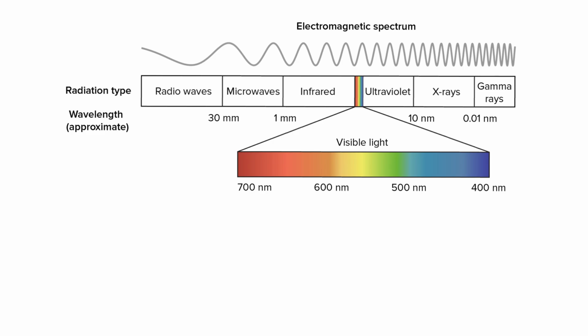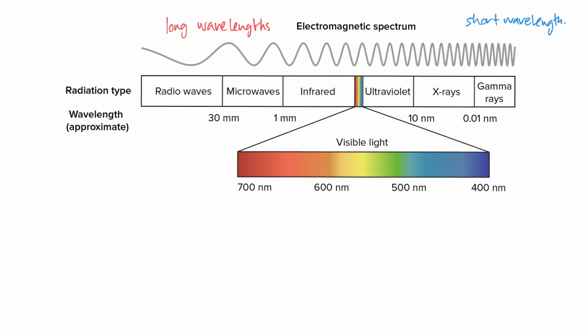On the left-hand side, we've got radio waves, and they have very long wavelengths. On the other end, you've got gamma rays, and what you've got there is a short wavelength.